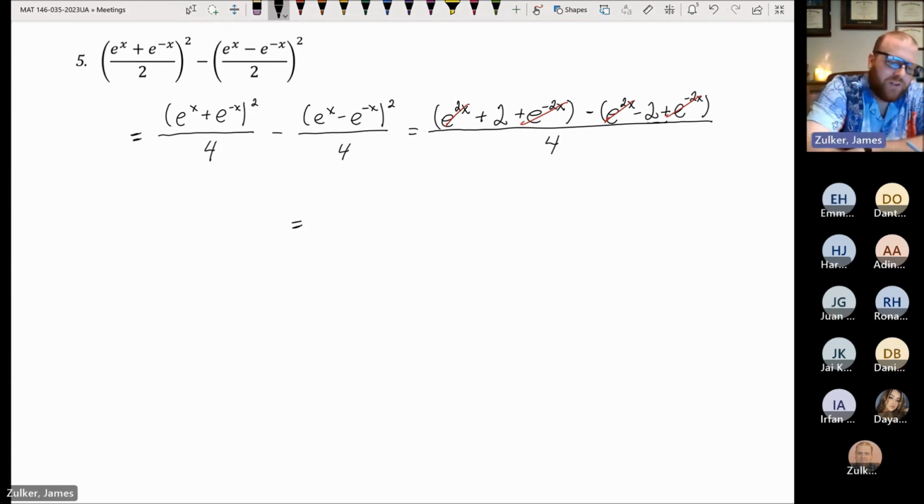So numerator, we're going to be left with what? 2 minus negative 2, right? That's just 4. This simplifies down to 1.